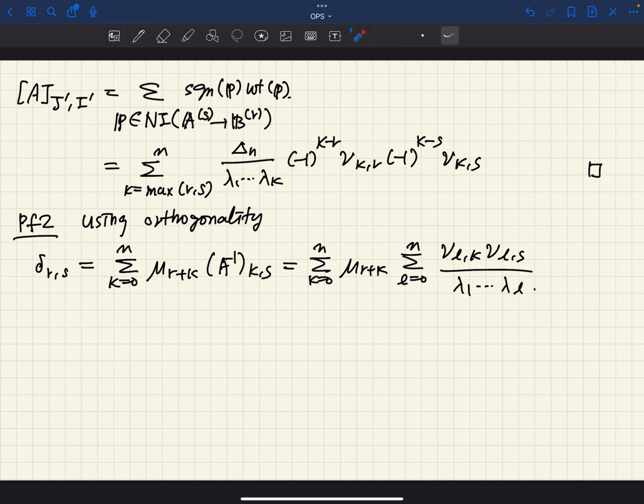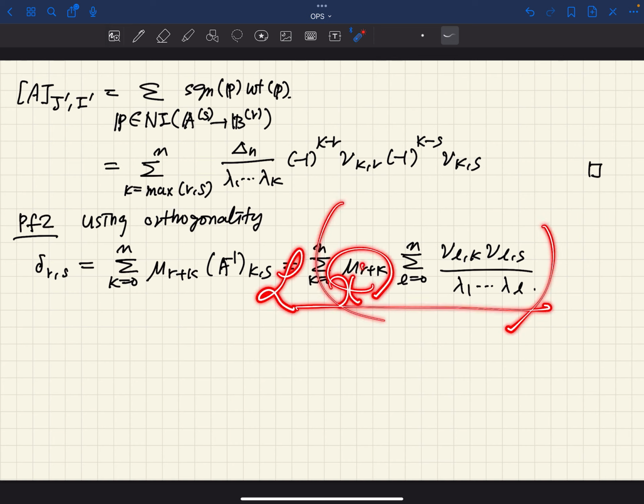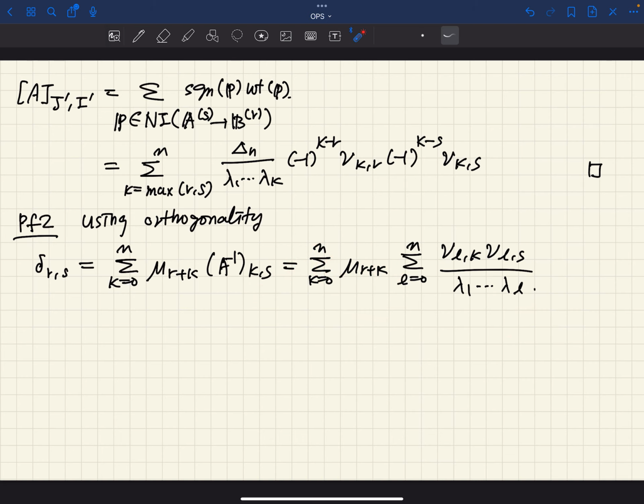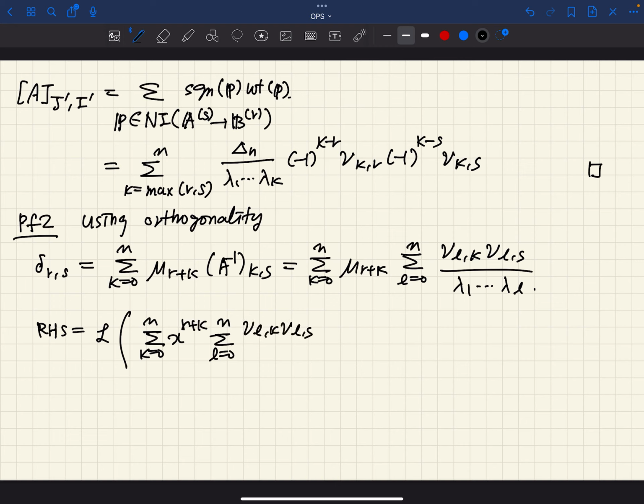Because of this, we can think of this as x to the R plus K, but using the linear function. So the right-hand side is L of the sum over K from 0 to N of x to the R plus K, times the sum over L from 0 to N of new LK, new LS over lambda 1 through lambda L. Now we can separate this in this way.